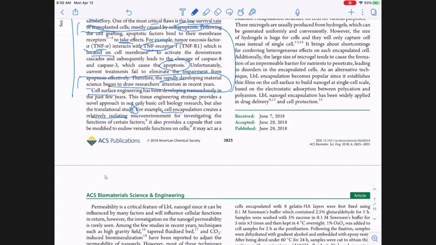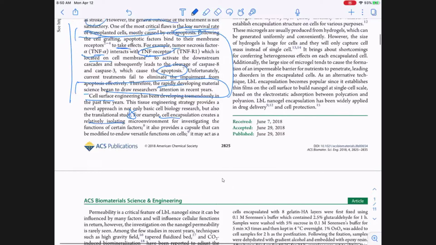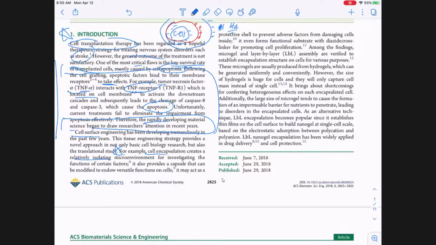This microenvironment can promote cell survival, living and differentiation. So that is cell encapsulation. One way to go further is layer by layer microgel, which contributes a lot to cell surface engineering or cell encapsulation.